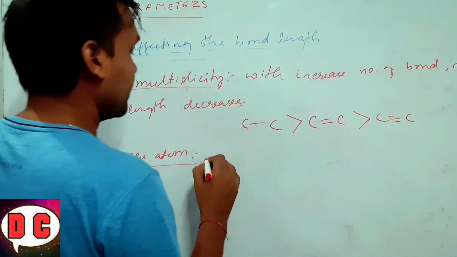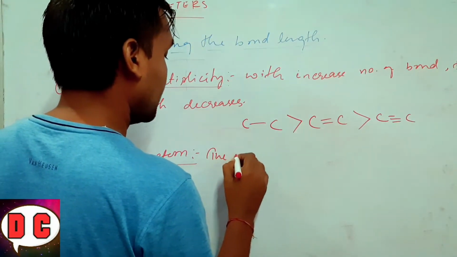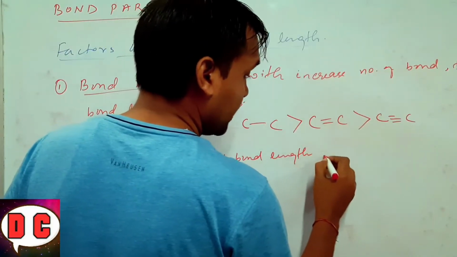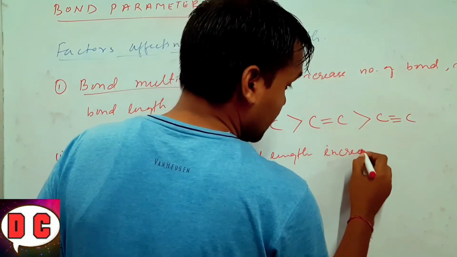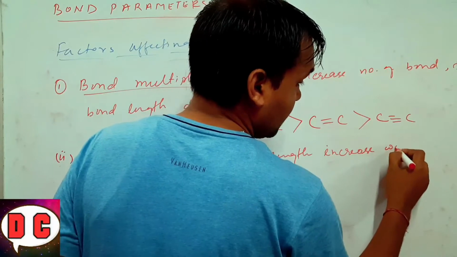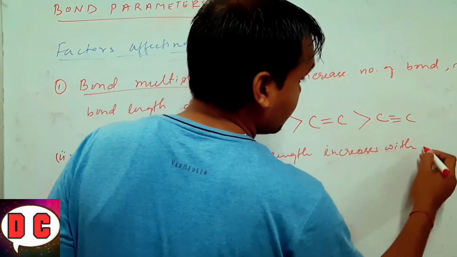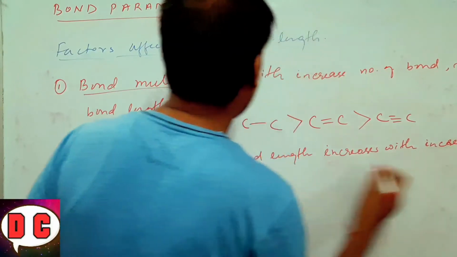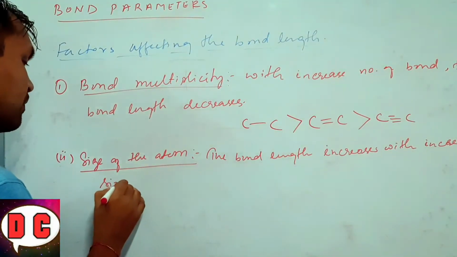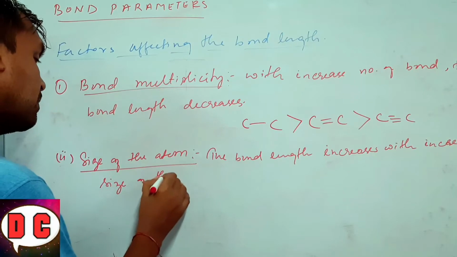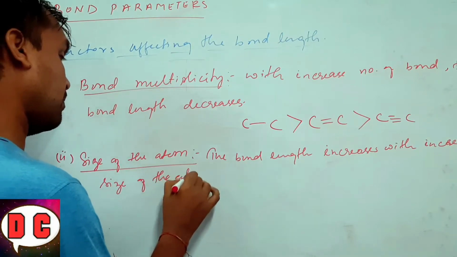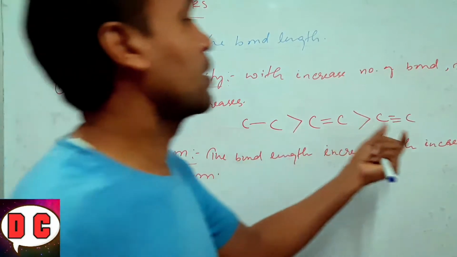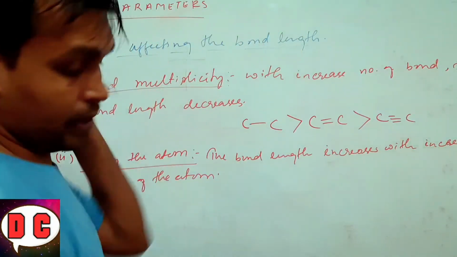The bond length increases with increase in size of the atom. Got it? So what happened? The bond length increases with increase in size of the atoms.